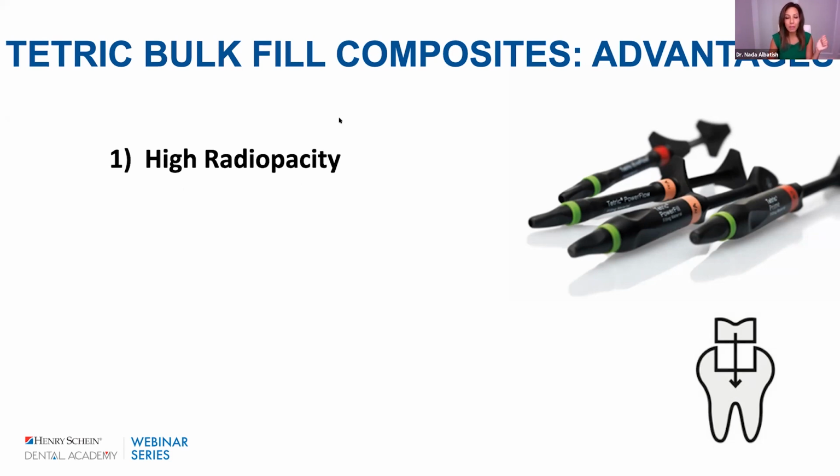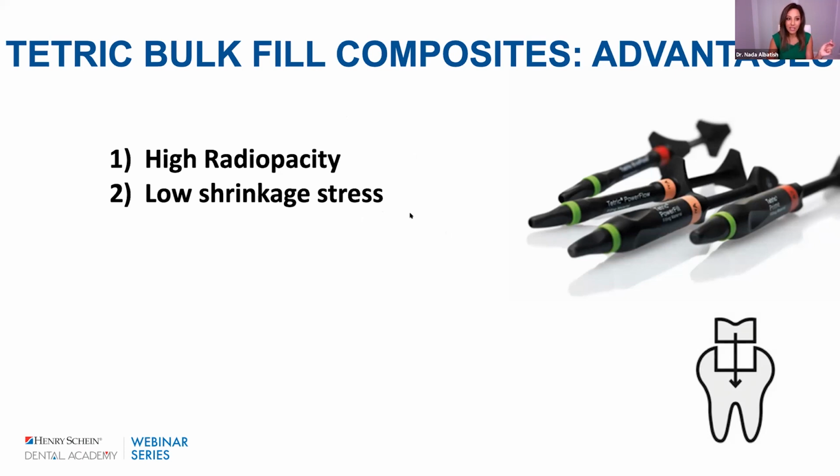And that can happen with some materials where the radiopacity is not different than dentin, right? Or not different than caries, or really difficult to tell the difference. This is one of the most radiopaque materials I've ever used. It looks awesome on recall. So that's one of the reasons why I love it.